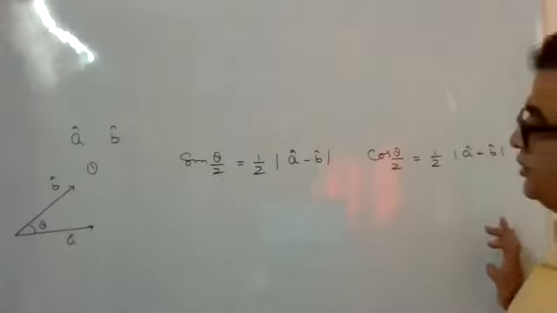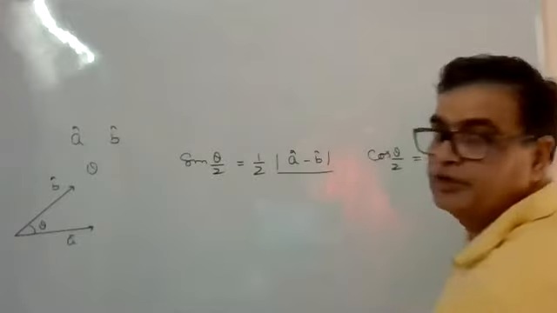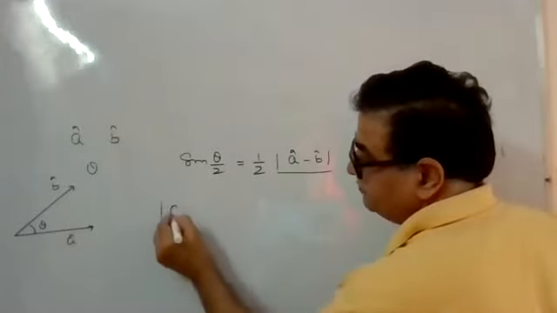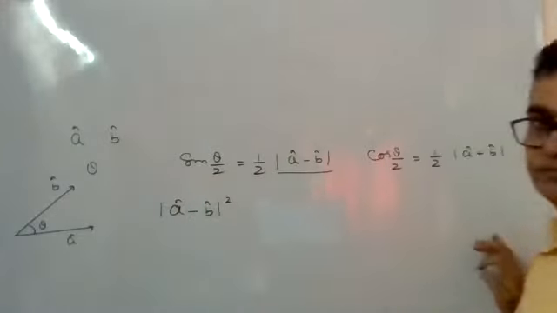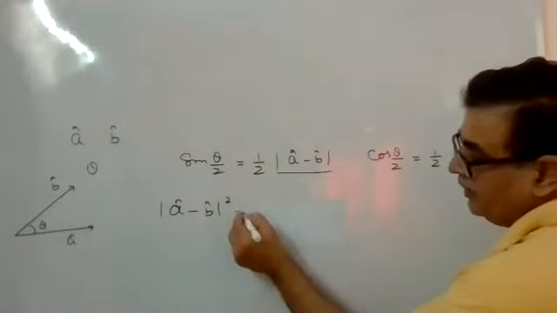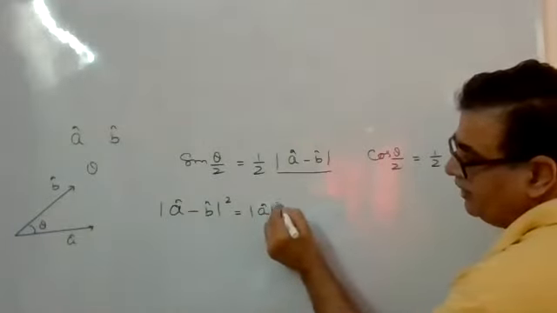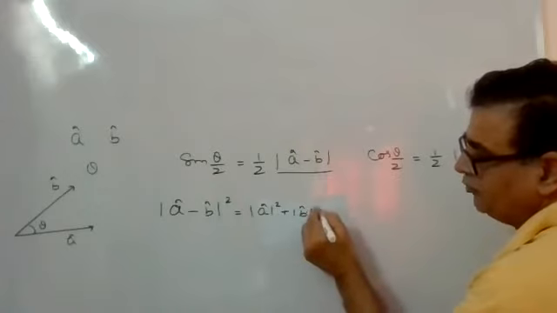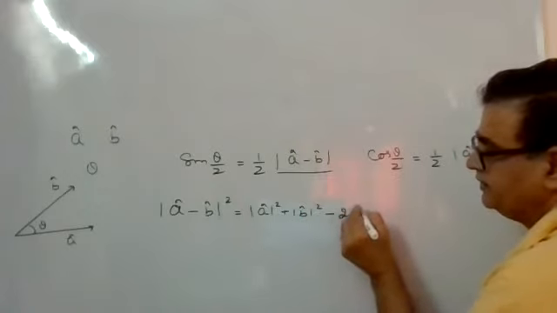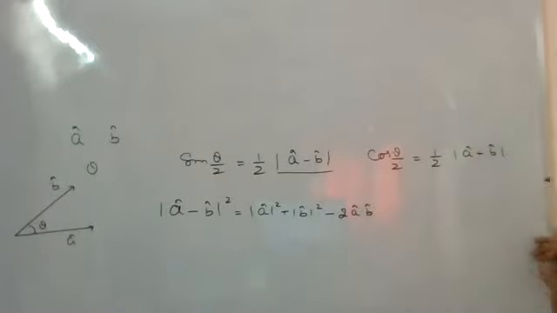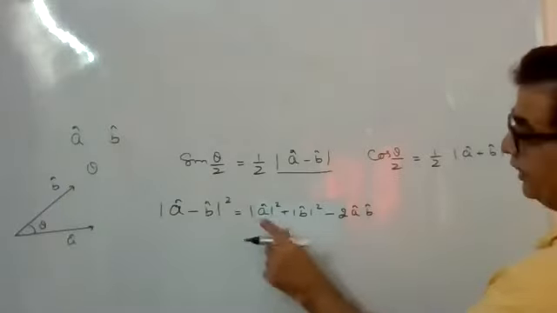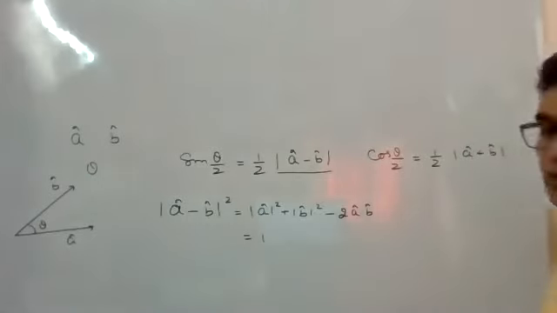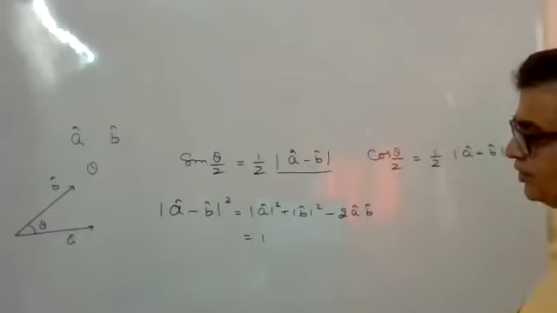When you have to prove this question, you should start from this factor because this formula is known to us. A cap minus B cap square, we will take. When you take the square of it, it will come magnitude of A cap square plus magnitude of B cap square minus twice A cap dot B cap. A cap is a unit vector, so this is 1; 1 square is 1 because it's a unit vector given in the question.